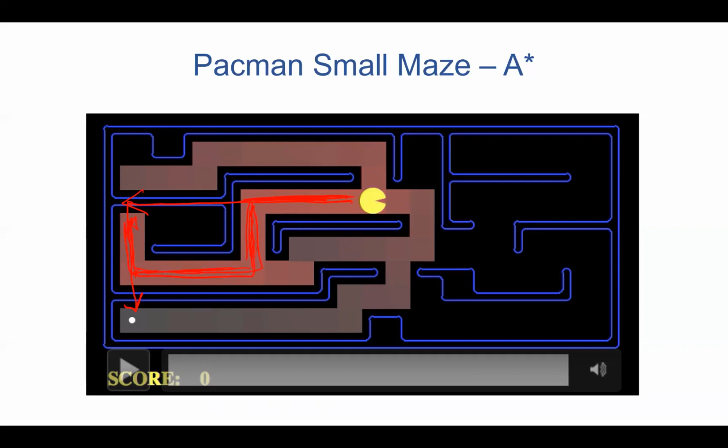But is this an optimal path? It's not. You know why? Because all greedy search was doing was using a relaxed problem, the Manhattan distance, to just get closer and closer to the goal, ignoring the walls.